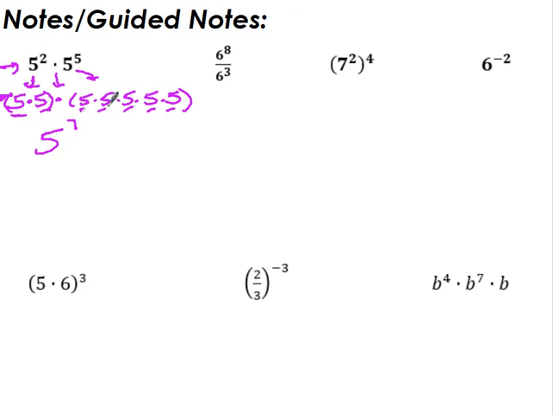But I have a total of seven 5s here that are all being multiplied. That is a long way of writing 5 to the 7th power. So 5 squared times 5 to the 5th is really just 5 to the 7th. And I don't need to actually figure out what 5 to the 7th is. We're going to leave it at that because it's a large number that I don't want to know. And so I'm done.